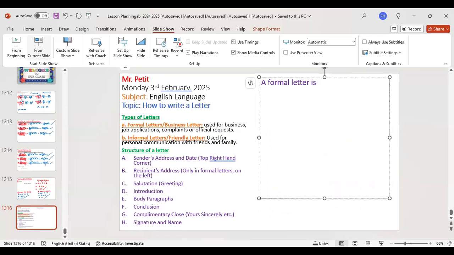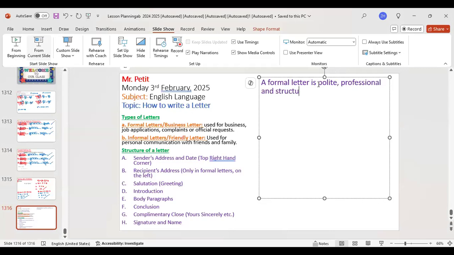Is it rough and unprofessional and all over the place? A formal letter gets straight to the point. What else? Is it polite? Yes, it's polite. It's professional, and it's structured.